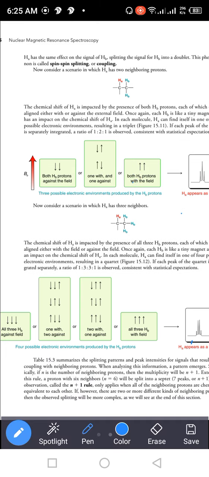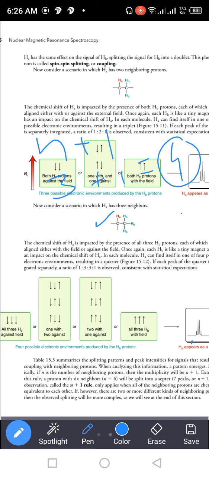If we talk about the Ha, it has 3 protons as neighbors. The n plus 1 rule says we write 3 instead of n, and the answer will be 4. So the Ha proton must have 4 peaks in one signal.